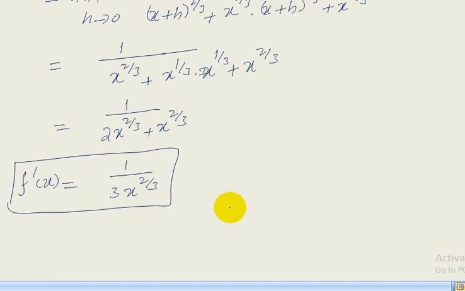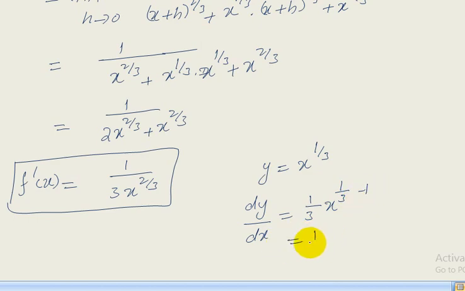Now we can verify our result, as we know y is equal to x raised power 1 upon 3. So y prime or dy by dx, which is our f prime of x, by power rule it becomes 1 upon 3 x raised power 1 upon 3 minus 1.